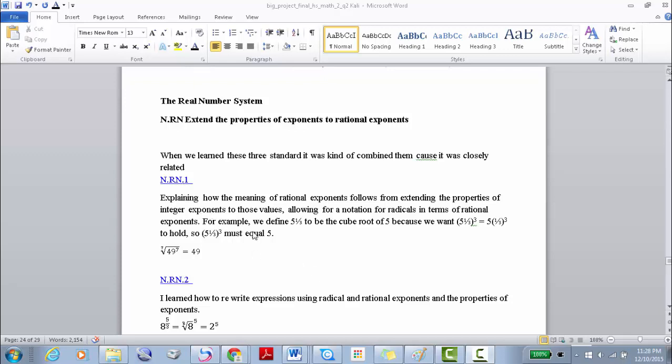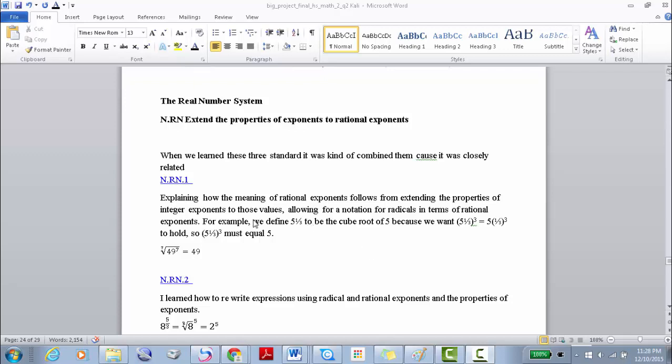N-RN-1 is about explaining how the meaning of rational exponents follows from extending the properties of integer exponents to those values, allowing for a notation for radicals in terms of rational exponents. For example, we define 5 to the 1 over 3 to be the cube root of 5 because we want 5 to the 1 over 3, all to the power of 3, to hold. So 5 to the 1 over 3, in brackets, to the power of 3 must equal 5.